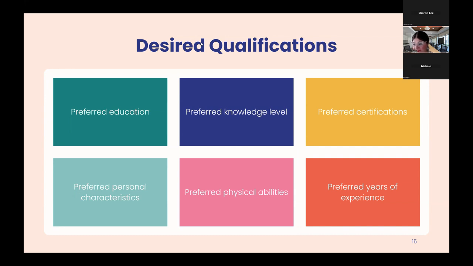Physical abilities. Yep. Yep. And so here's the thing, right? People sometimes, when they're working on these things, shy away from it because there's so much legality around things, but as long as personal characteristics as well. Yes. So people are scared.